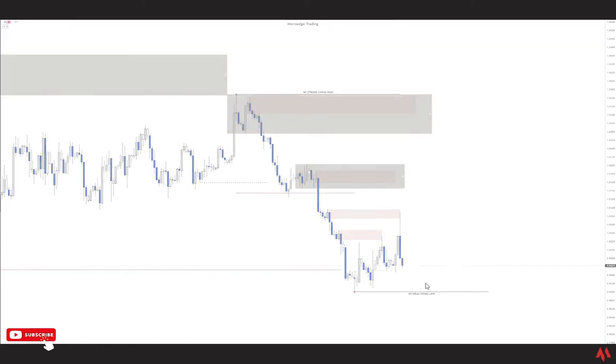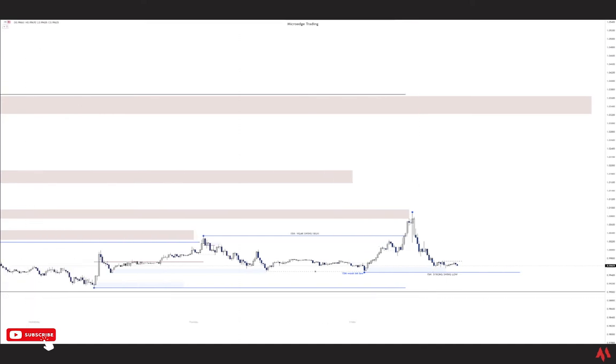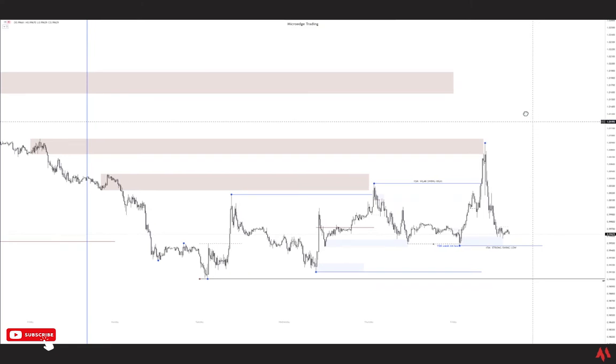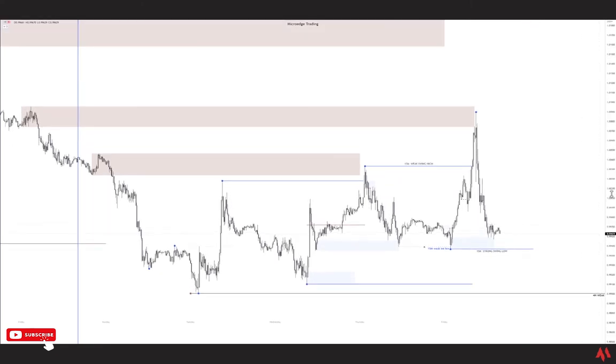So heading down to the 15 minutes, you can actually see that this is our 15 minutes bullish leg, leaving us with our low and our high on the 15 minutes.